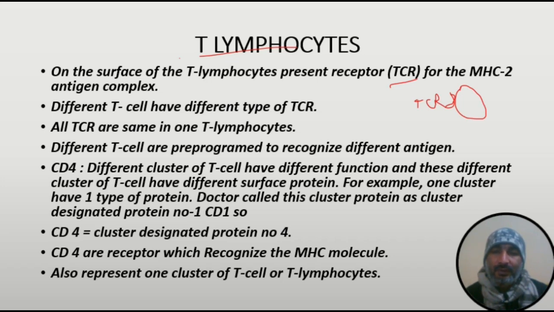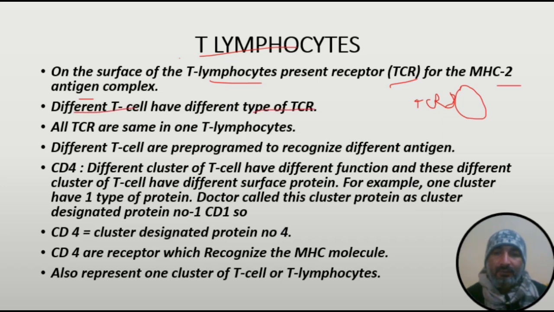On the surface they have a receptor, called TCR, and this TCR will eventually bind with the MHC class 2 molecule and antigen complex. So on the surface of the T lymphocyte is the receptor TCR, which binds with the MHC class 2 molecule plus antigen complex. Different T cells have different TCRs.